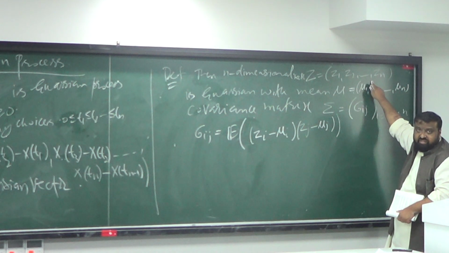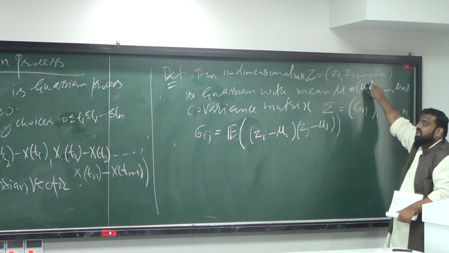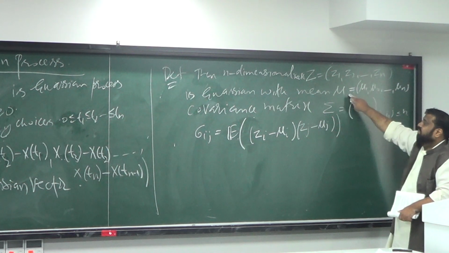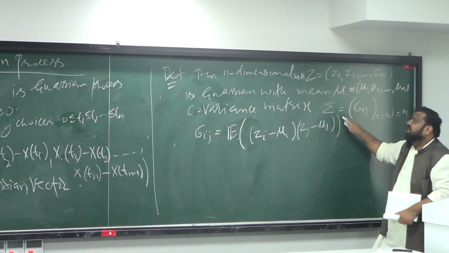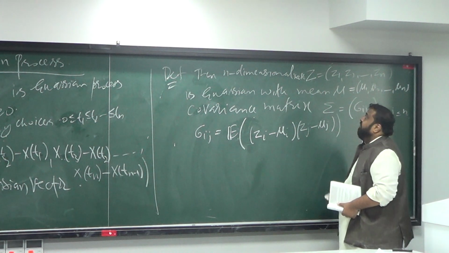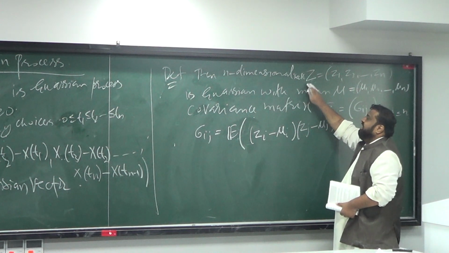Now, using n one-dimensional random variables, one can create an n-dimensional Gaussian vector with mean mu and covariance matrix sigma ij. What would be the meaning of an n-dimensional vector being Gaussian?